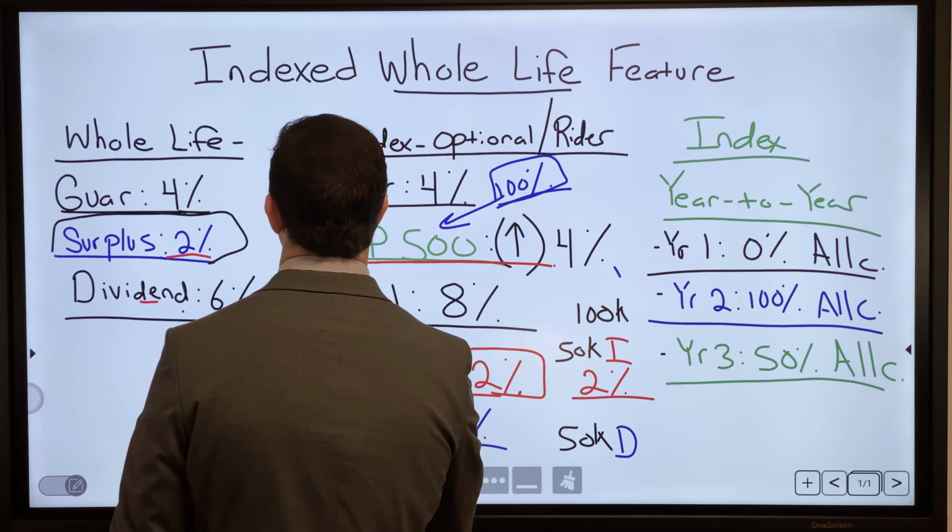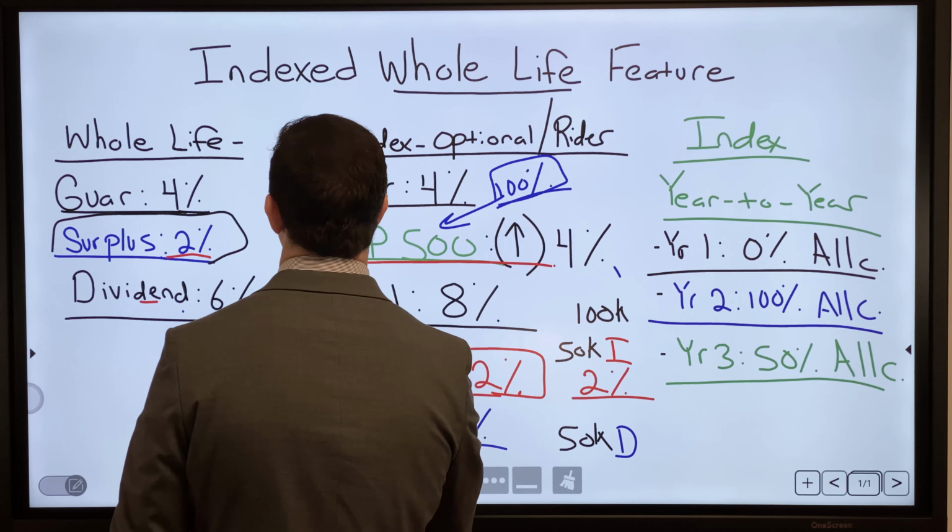Typically, what we'll recommend for companies that offer it is when we start a life insurance policy, historically, the dividend has produced. This is a feature that allows slightly greater earning potential on a life insurance policy. That's nice to have, but it doesn't mean we should go all in with it, because if things tank, we're left with only the guarantee and actually less because of that charge that usually comes with it.